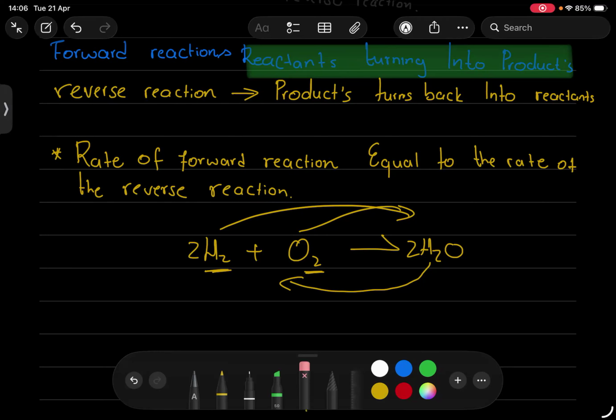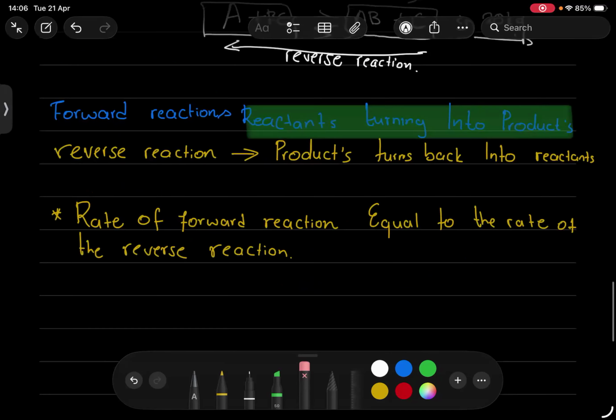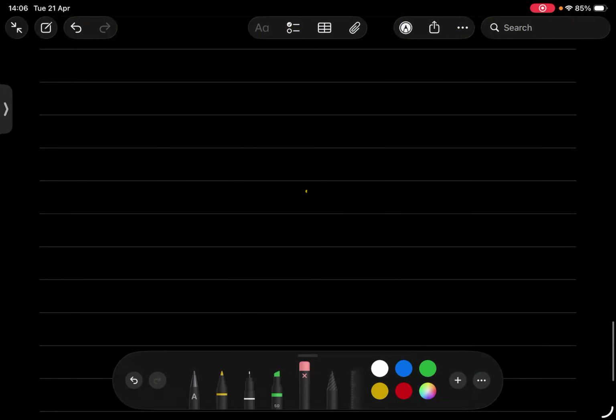So, if we check the graph before, you will have a graph like this.